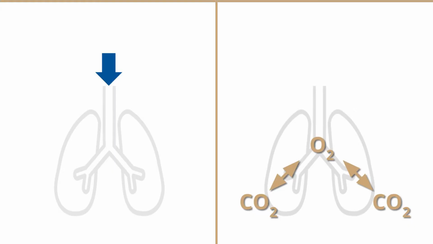So as you can tell, there are two big steps. The first is getting the breath in, and the second is exchanging oxygen, or O2, for carbon dioxide, or CO2. This makes a lot of sense. You first need to take in a bunch of air that contains fresh oxygen. If you don't get a breath in, there's nothing for your lungs to do.